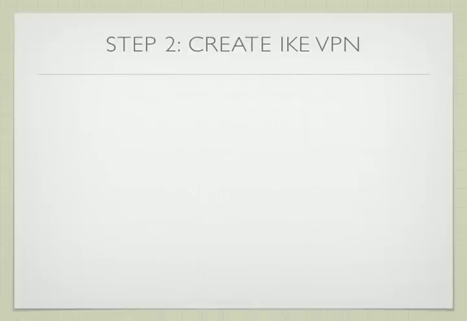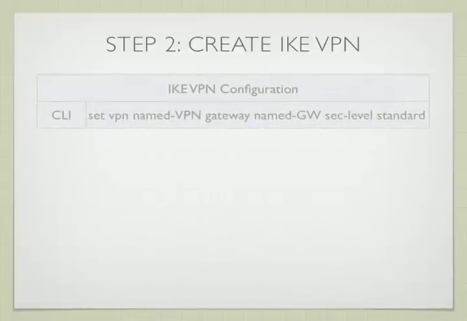So step 2, we're going to create our IKE VPN, which is essentially our phase 2 parameters. The object is known as VPN, so set VPN named -VPN. We need to associate this phase 2 with a phase 1. So in this case, we're going to associate it with the gateway named -gateway that we just created.